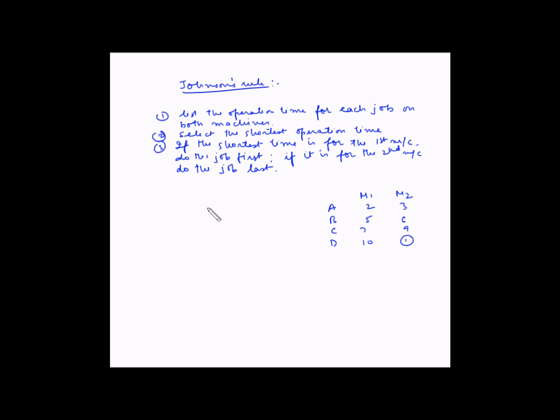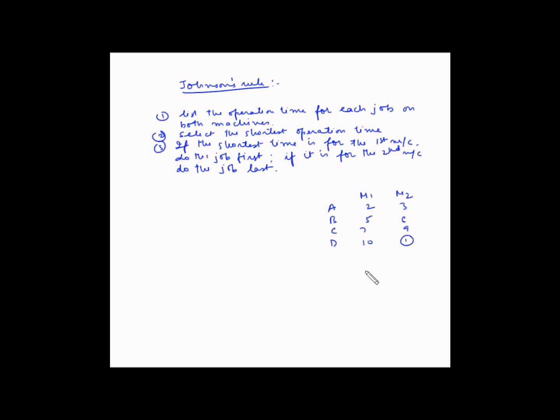So what this is saying is, in this example, 1 is the shortest time, and that is relevant to machine M2. So this should be processed in the end. So let's assume that we are listing the sequence of jobs here.